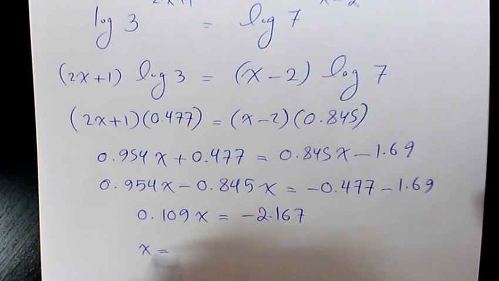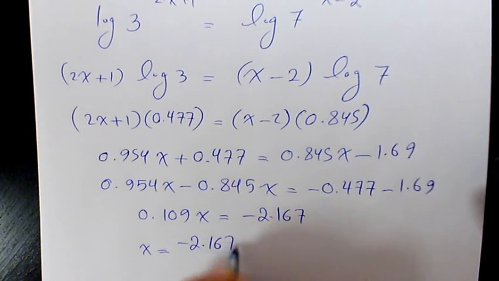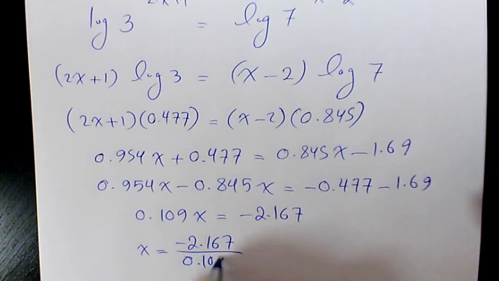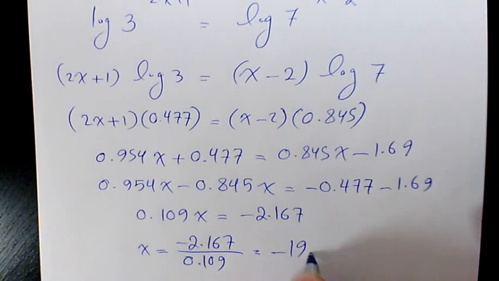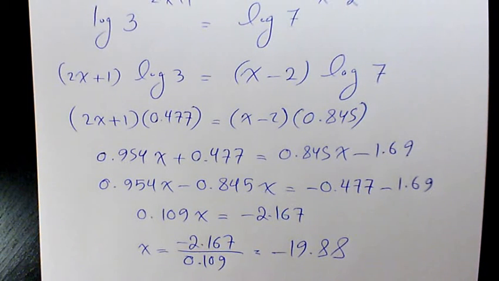So x is going to be negative 2.167 divided by 0.109. It's going to be negative 19.88. This is going to be the value of x.